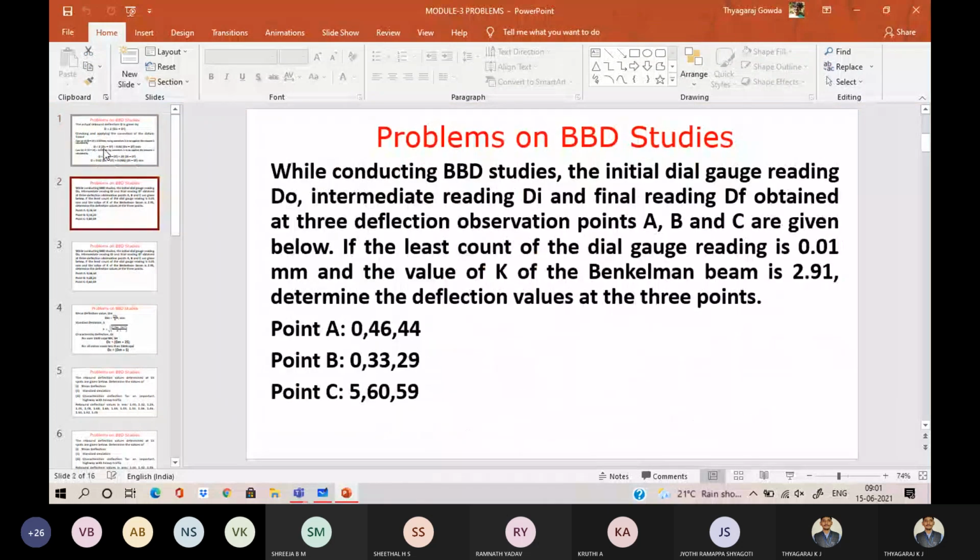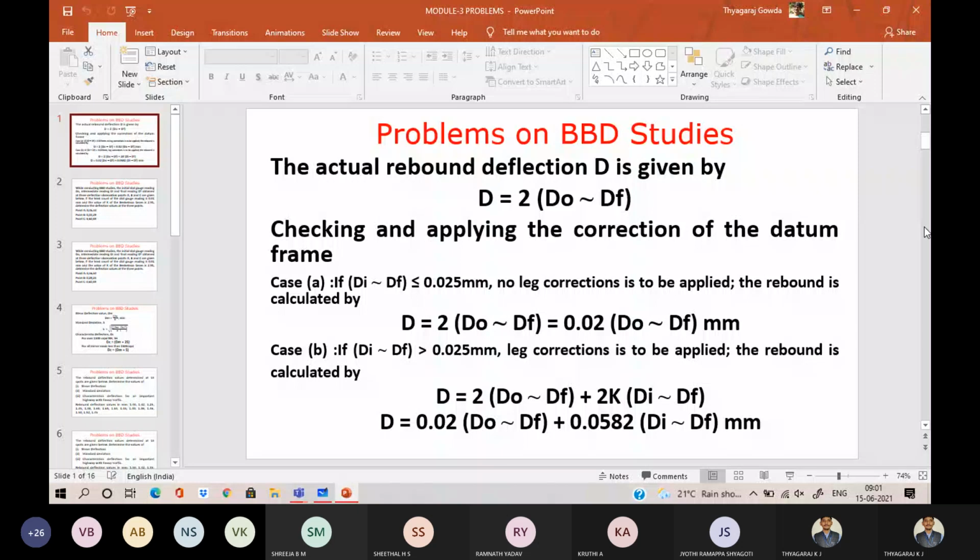So kindly quickly note down the lag correction formula, the actual rebound formula and the lag correction formula, so that we can move on to the problems.